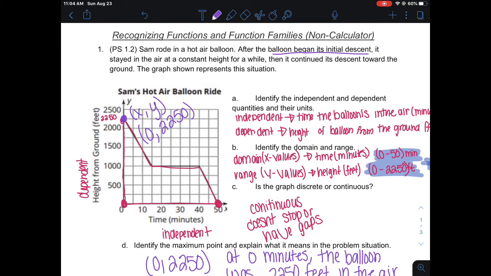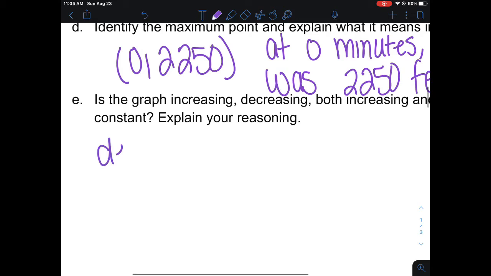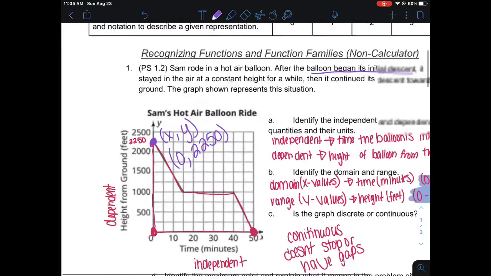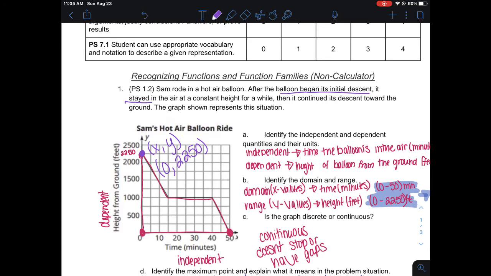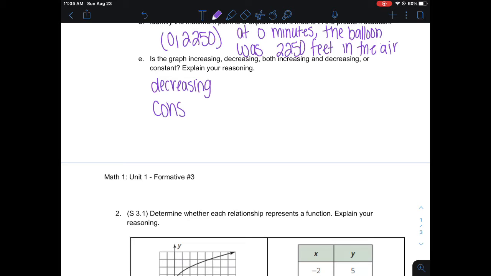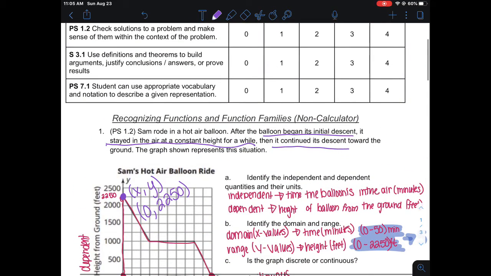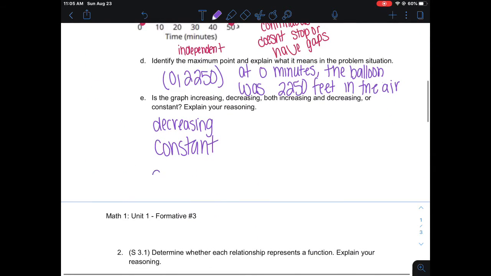The balloon begins its initial descent. Descent means that it's going down. So we have decreasing. Okay. And then stayed in the air at a constant height for a while. So then we were constant. Then it continued its descent towards the ground. Descent, like we said, is decreasing.